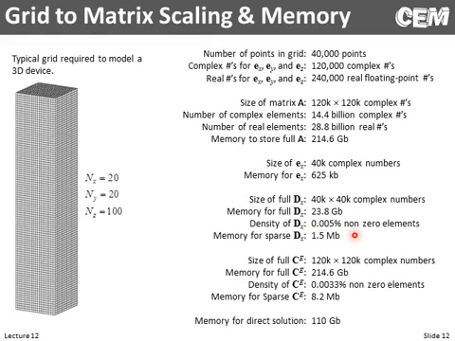That means 99.995% are all zeros. So if we store it as a sparse matrix, it's only 1.5 megabytes. That's very reasonable. So 3D problems are usually too large to solve on conventional computers. And the other lesson is, even with two-dimensional problems, you definitely want to store your matrices as sparse.